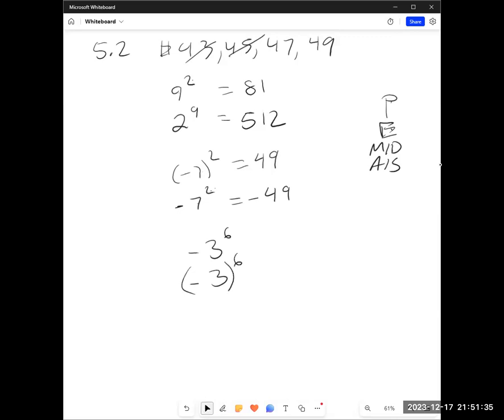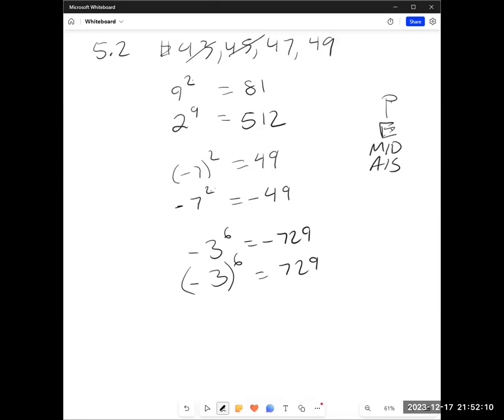Now 3 to the 6th is a pretty big number, so let's use our calculator to help us. 3 to the 6th is going to be 729. So this is going to be a -729, and this is going to be a positive 729.